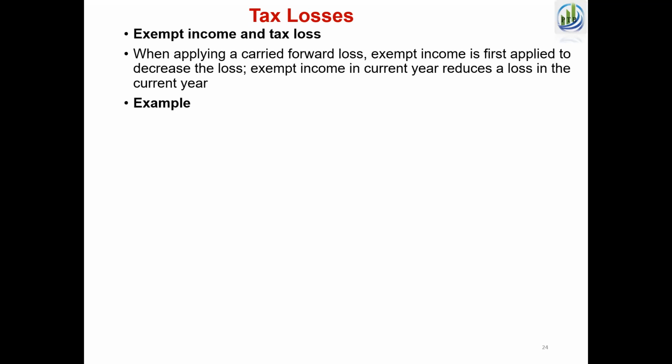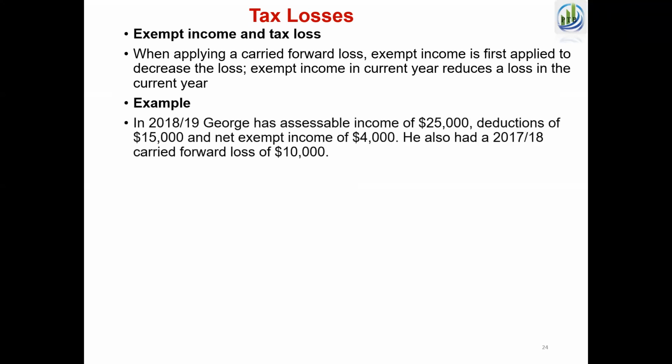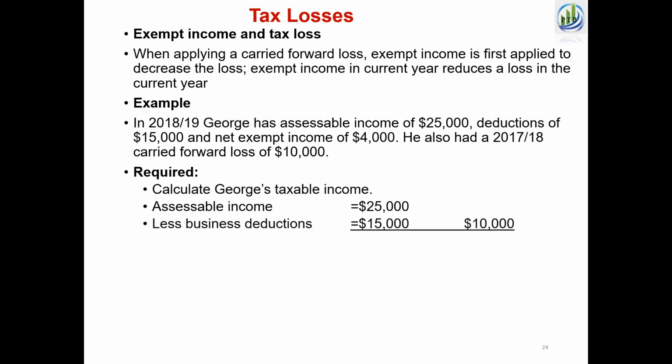I'm going to give you another tricky example. You have $25,000 assessable income and a deduction of $15,000 this year. The difference between the two is $10,000 surplus or taxable income. You can see there is a carry forward loss from the previous year of $10,000.